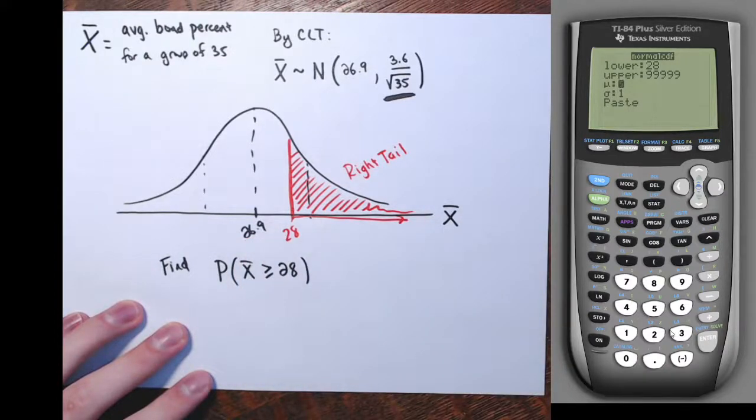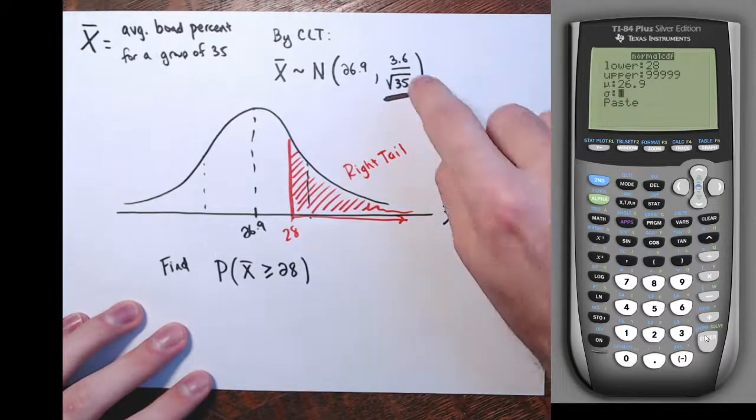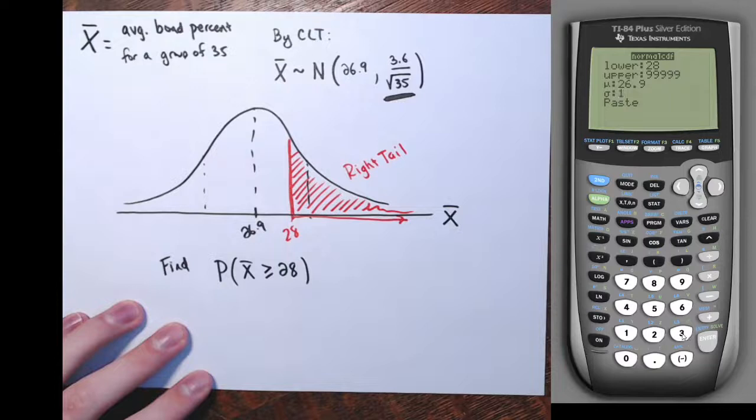The distribution of the x bars here, that's 26.9. And the standard deviation, I'm just going to enter it the way it is here. It's the standard deviation of the original population, 3.6, divided by the square root of the sample size. Close parentheses. And then we get here.